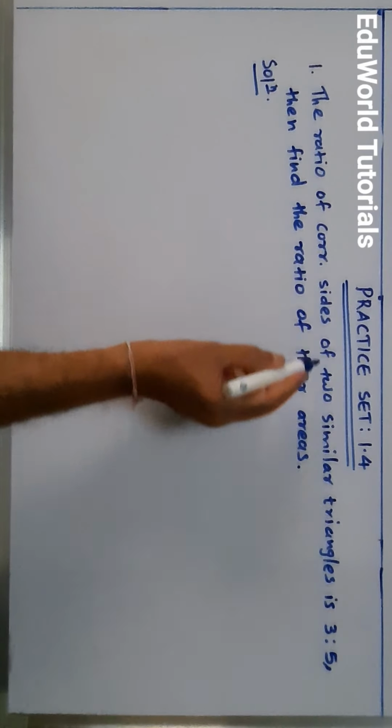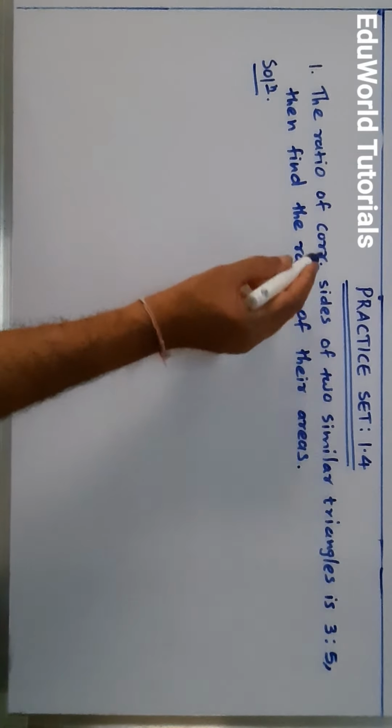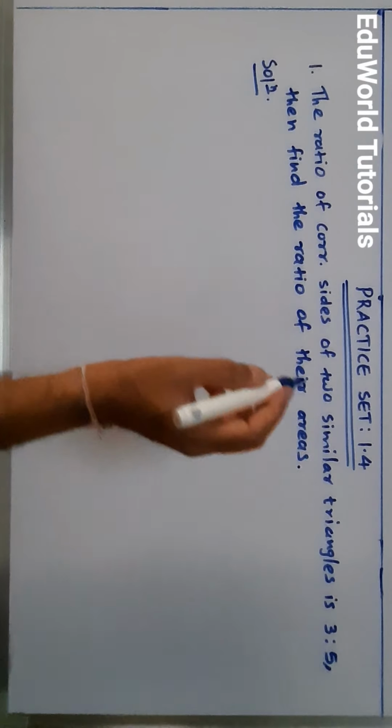We are given the ratio of corresponding sides of similar triangles.